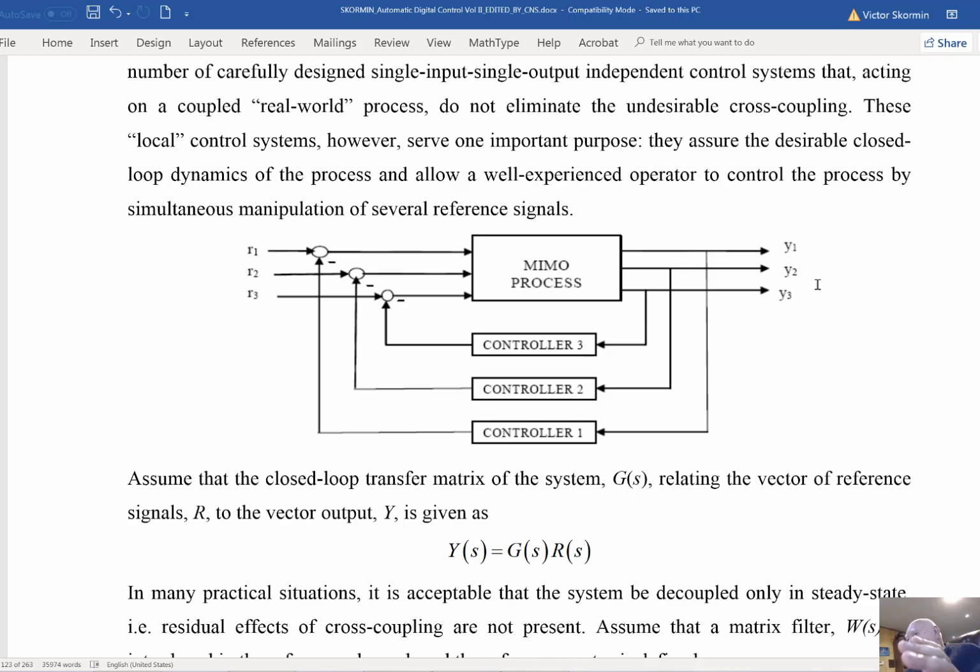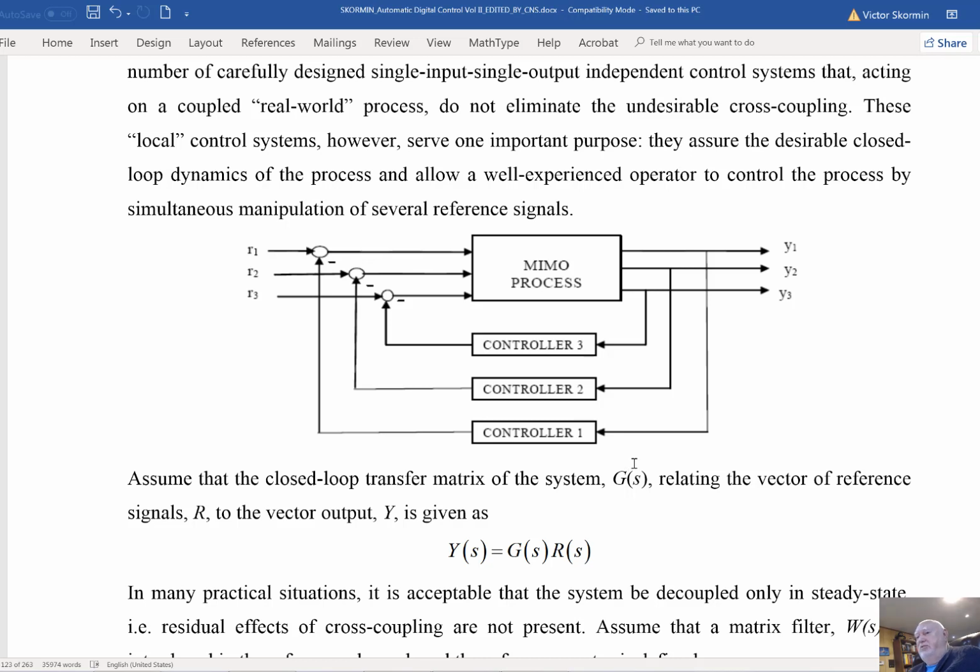I would say that in a realistic control system, you will find many, I would call them, local controllers. These local controllers do not eliminate cross-coupling, but at least they eliminate instability, and at least they can manage the settling times for the systems.